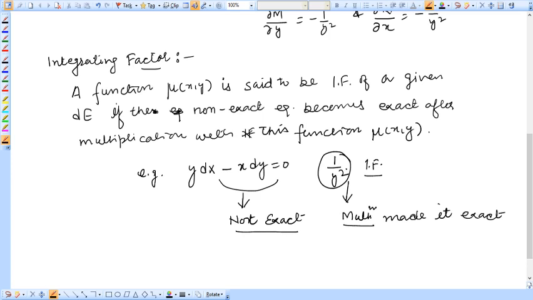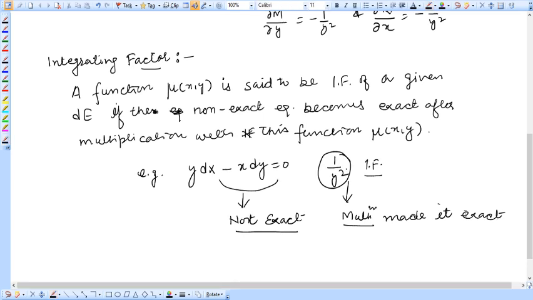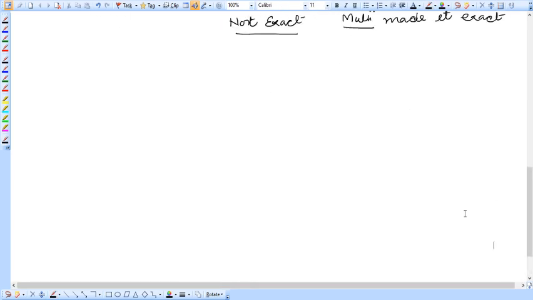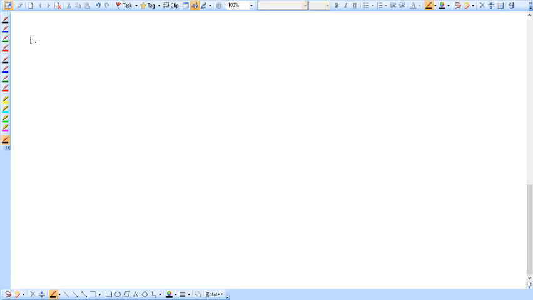Okay, so now we are going to see some more integrating factors. We are going to make a table of integrating factors. Let us see how many integrating factors there are of y dx minus x dy equal to 0.